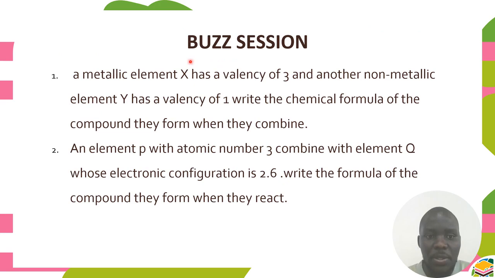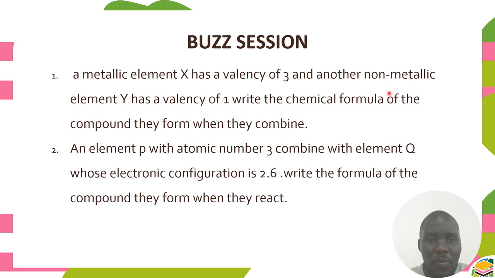So in this slide, we are going to look at a practice exercise. It simply means a quick exercise from what we have covered. The first question: a metallic element X has a valence of 3 and another non-metallic element Y has a valence of 1.